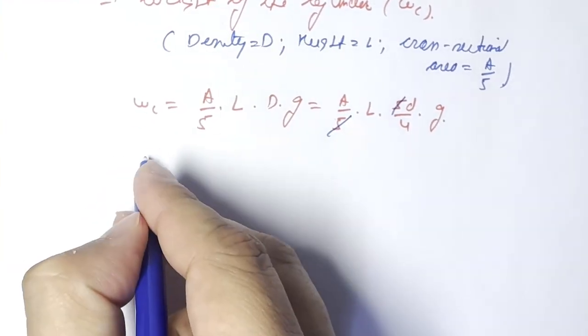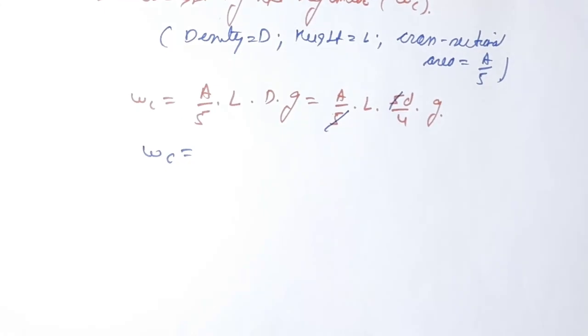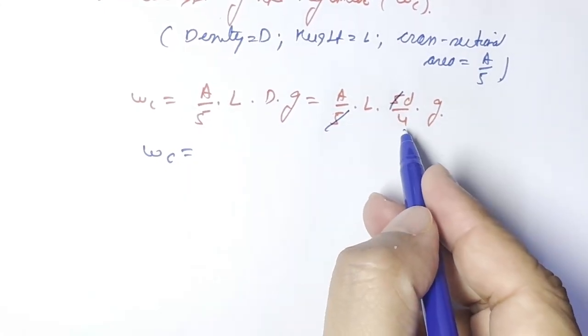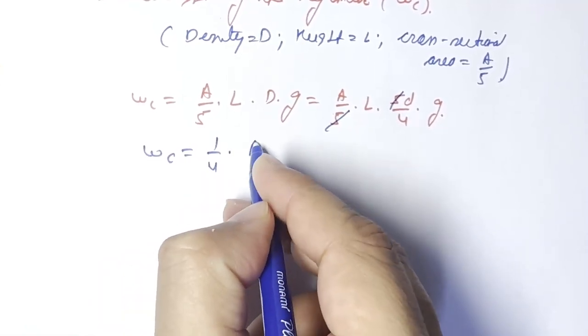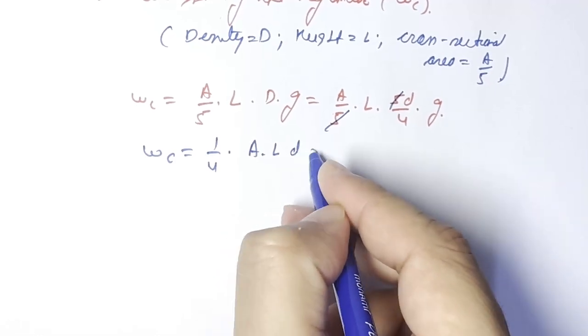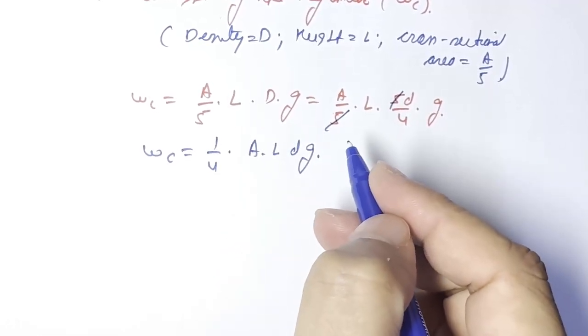So the weight of the cylinder is equal to 1 by 4 A L d multiplied by G.